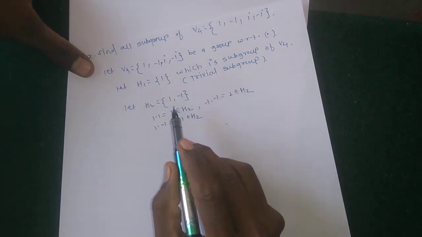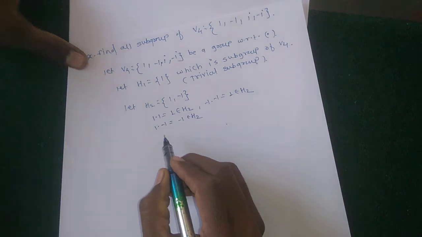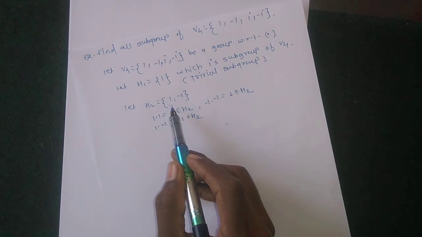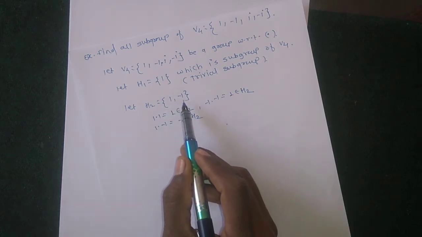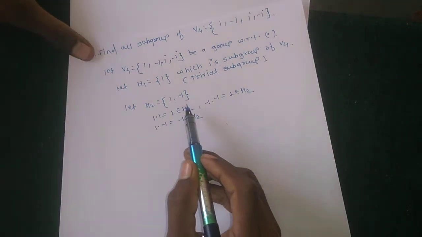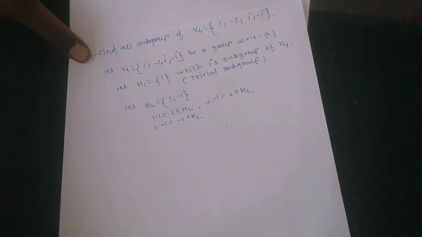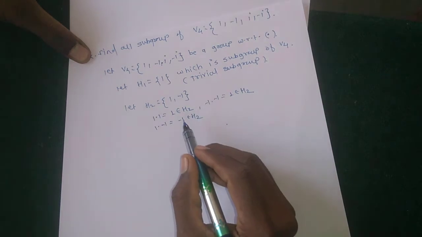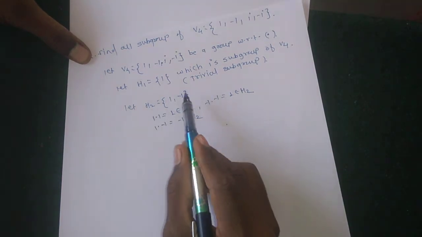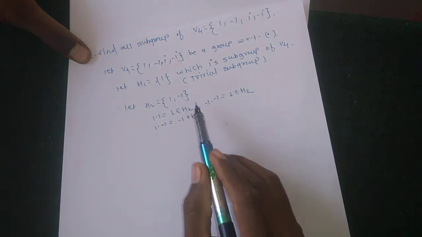The second property is that the inverse element exists in the set. Here 1 has inverse 1, so the inverse element exists in this set. And -1 has inverse -1, so the inverse of -1 is -1 itself. Therefore the inverse element also exists in this set, and the set is closed under the given binary operation.